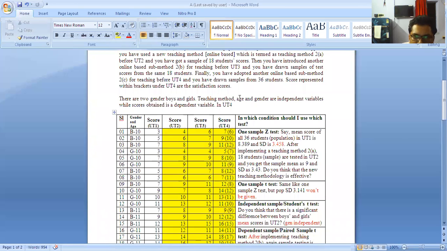Teaching method, age and gender are independent variables, while the score obtained is the dependent variable. So now have a look at which particular tests need to be performed in which case.